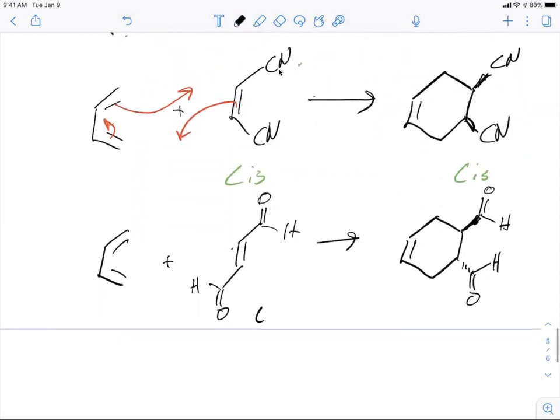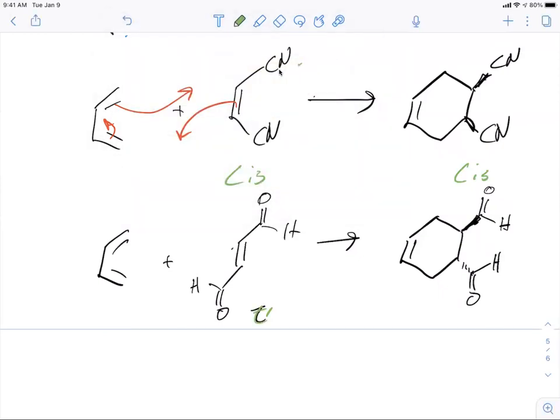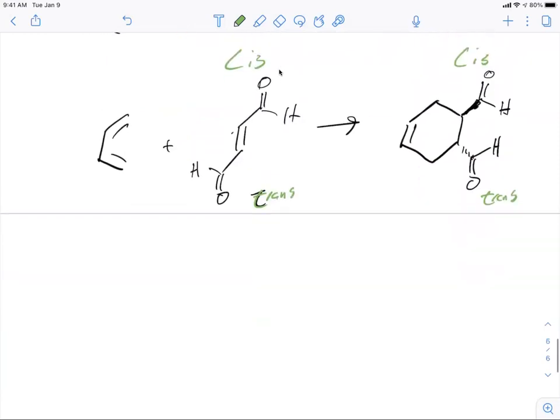So if this is trans, this is going to be trans. It's a concerted mechanism. The electrons are going to come up. Now it could come from the top to the bottom in this species, so they can both be up, both be down. In the case of cis and trans, you could flip-flop which one those are, so you're not going to get enantioselectivity, but you won't get any diastereomers, right? You're going to get cis or trans. Okay.